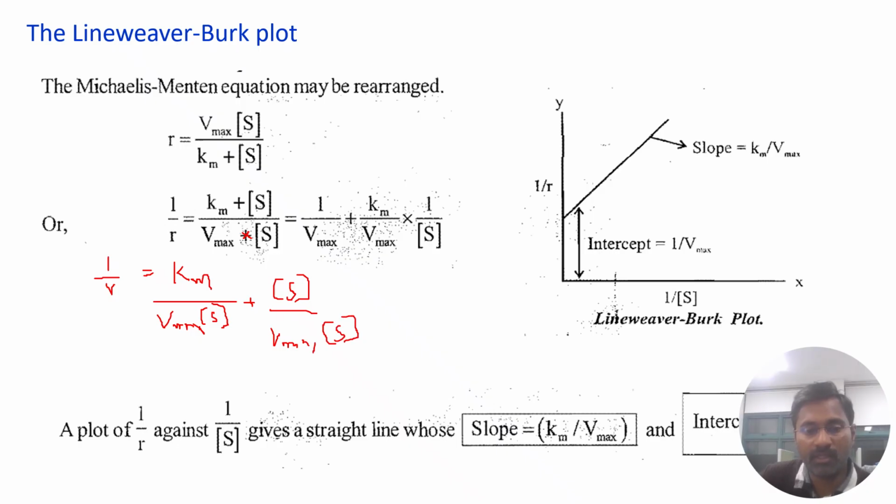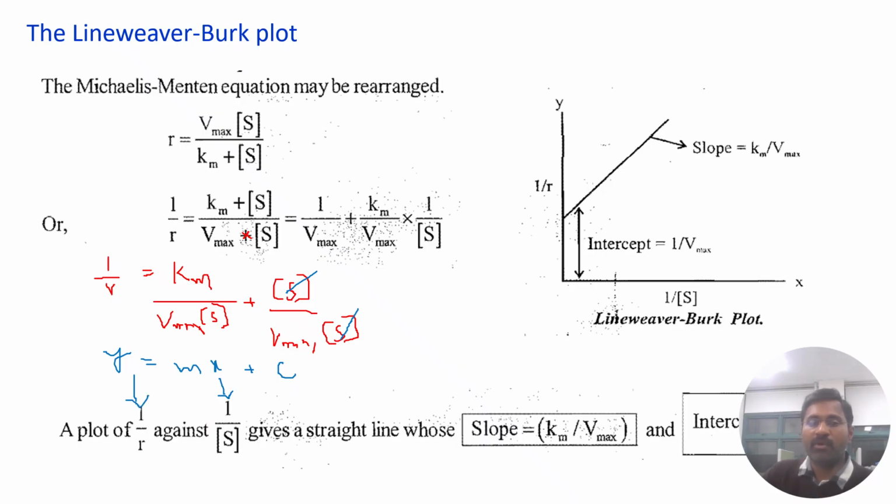If you look at both expressions, here you can cancel out substrate concentration in the numerator and denominator. You will get the equation 1 by R is equal to 1 by Vmax plus Km by Vmax into 1 by S. If you carefully notice, this is the same as y equal to mx plus c, where x is 1 by concentration of S and y is 1 by rate.